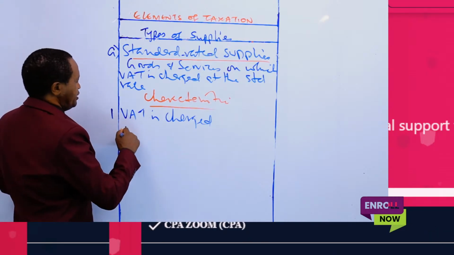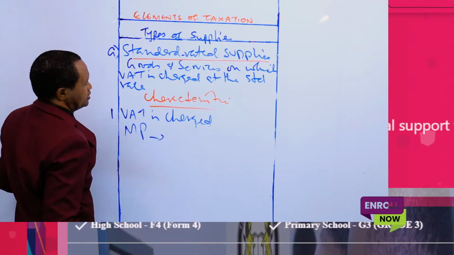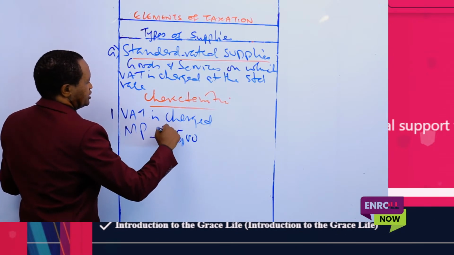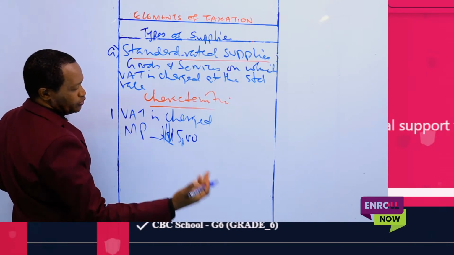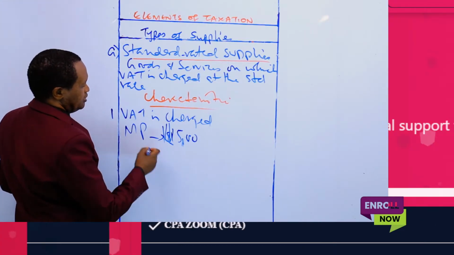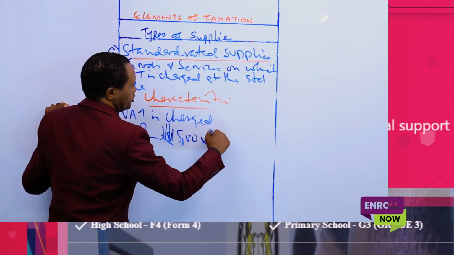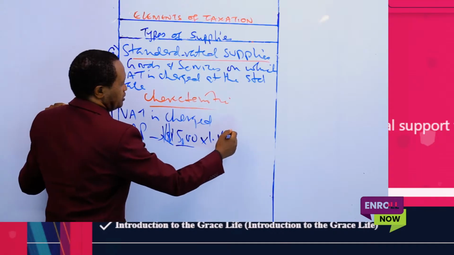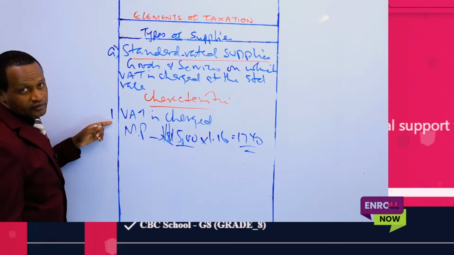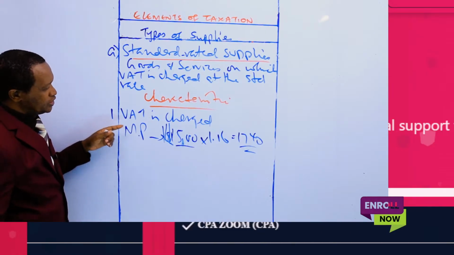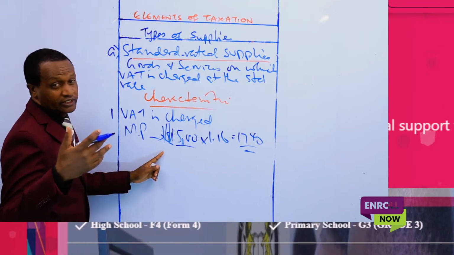So if MP, Manifested Publishers, is selling books at 1,500 Kenya shillings, if this is the cost or the market price, exclusive of tax, then Manifested Publishers has to add a 1.16 on these goods, and this will be around 1740. You understand? The supplier must add 16%. So 16% is added to the 1,500 to arrive at a VAT inclusive invoice price.